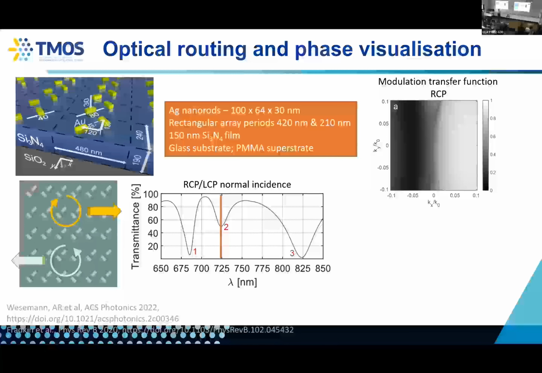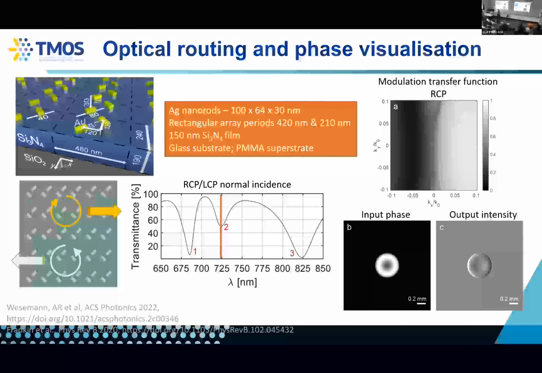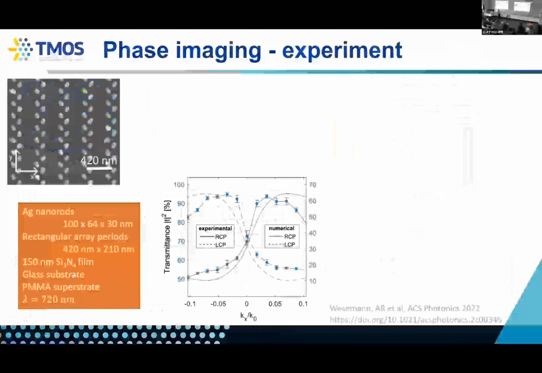Normal incidence is in the middle, and you can clearly see you've got very little sensitivity to KY, and you've got this sort of linear sensitivity to KX. So simulated, if we have an input phase that looks like that, we would expect an output intensity that looks like so, so it should generate phase contrast.